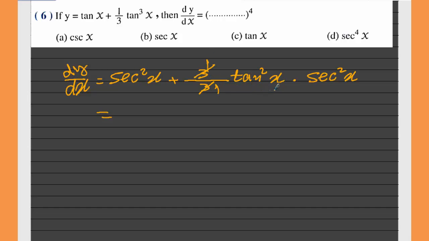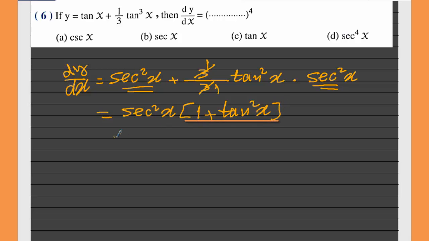Tan square, sec square, we can take sec square as a common factor. Here sec square x multiply 1 plus tan square x, and tan square plus 1 equals sec square.